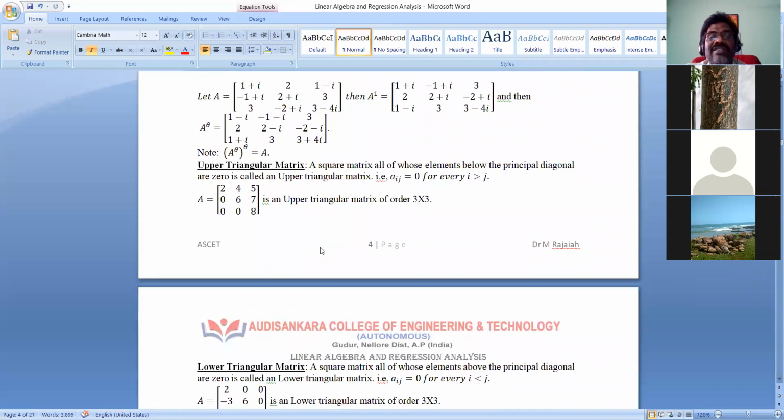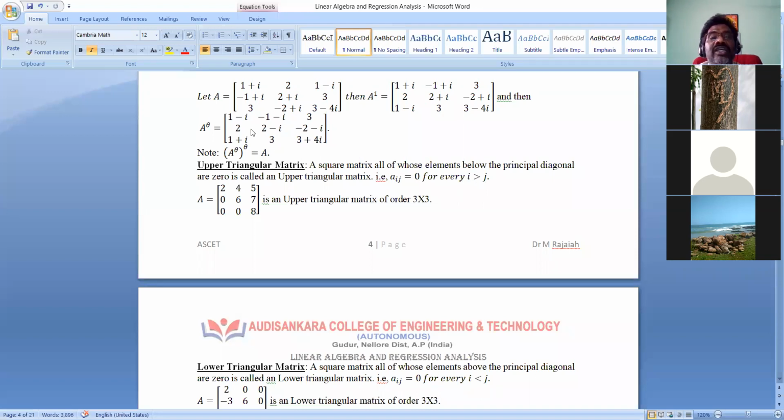Next, we want to discuss lower and upper triangular matrices. This is already known to you; we discussed this in yesterday's class, right? A square matrix all of whose elements below the principal diagonal are zeros is called an upper triangular matrix. That is, a_ij equals 0 for every i greater than j.